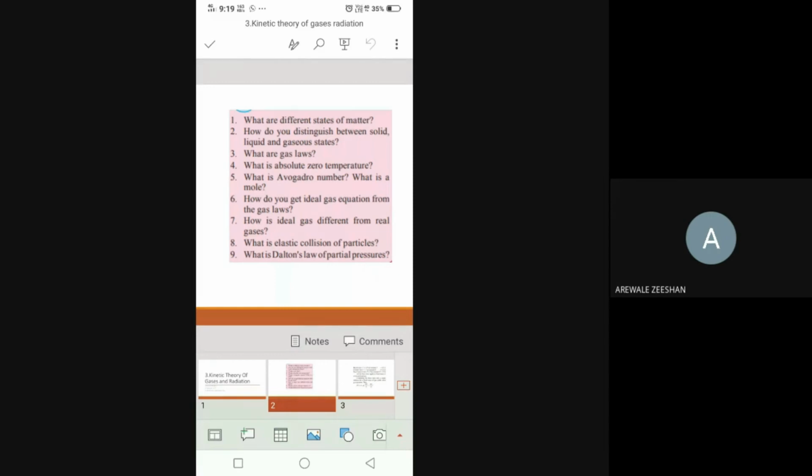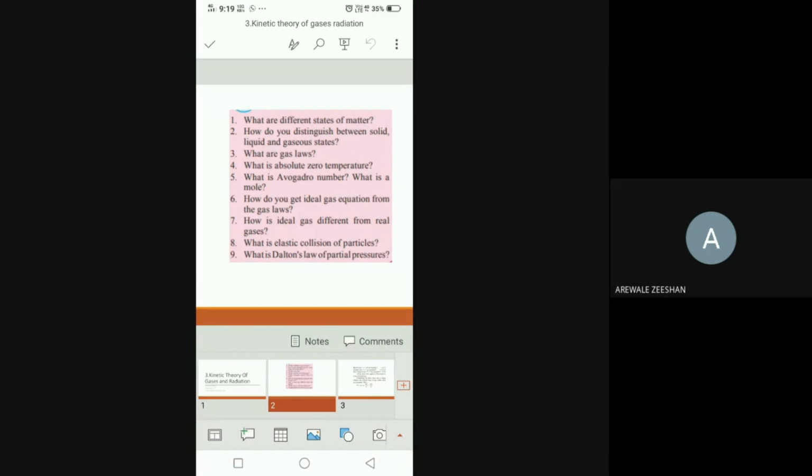Then what is the next question? What are the gas laws? There are 3 gas laws, right? You have already studied them maybe in chemistry, maybe in 11th standard.